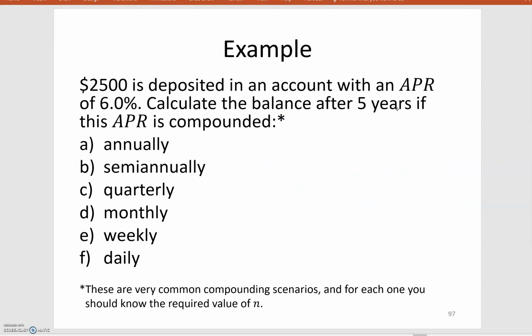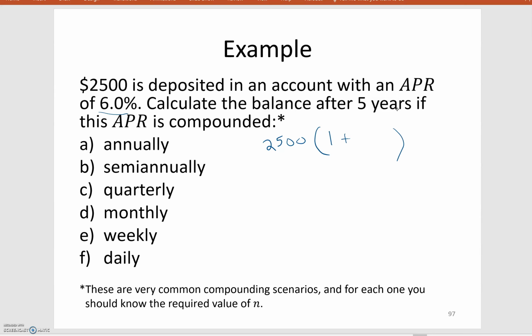Moving along, let's look at another example. $2,500 is deposited into an account with an APR of 6%. Calculate the balance after 5 years if this APR is compounded a whole bunch of different ways. So just to set this up, we've got a fixed initial value, and then we're going to have our formula.